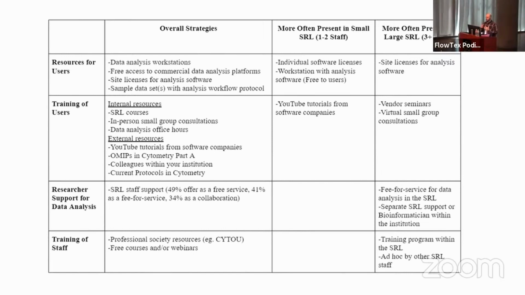I think that's a big burden for some smaller labs. Site licenses if you can do it. Sample data sets with an analysis workflow protocol. That's a big one that I'll walk you through an example of in just a bit. But people really like to see relevant data to them when you're doing stuff like this.